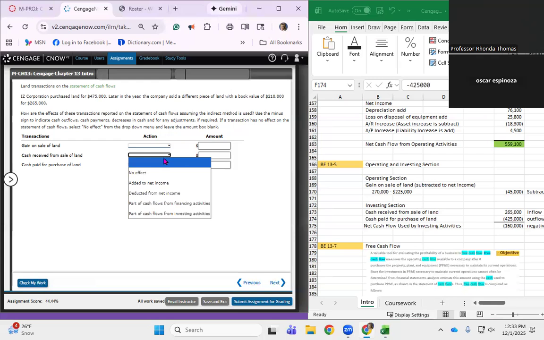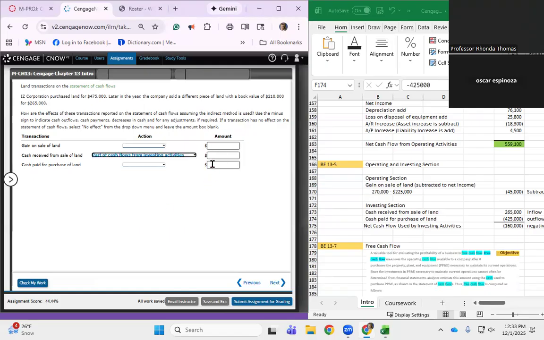So I'm going to put that in. It's part of cash flows from investing, and it makes it go up. Okay, 265,000. Okay, now, how about the cash paid for the purchase of the land? So the first purchase is 475,000.